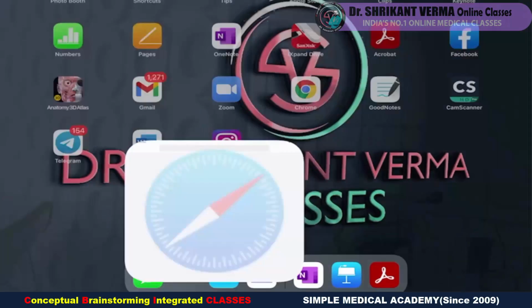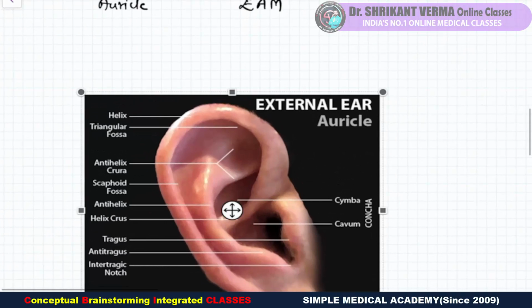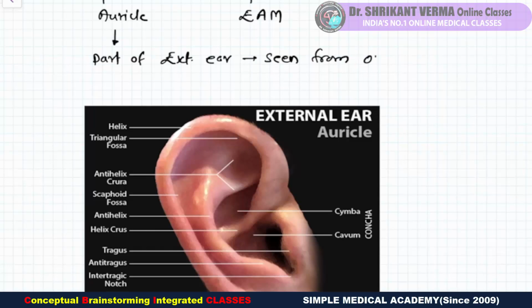So, the structure of the auricle, just one basic. What is the auricle? This auricle is the part of the external ear which is seen from the surface. Okay.